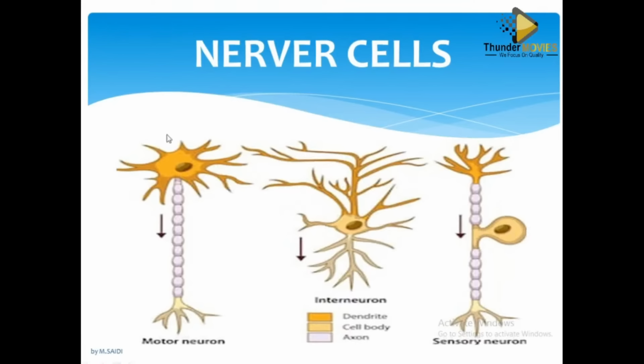In the motor neuron, the cell body is at the terminal or at the beginning. In the interneuron, it is in the middle or along the neuron, and then in the sensory neuron, it is protruding out of the axon. And you differentiate among them by the position of the cell body.